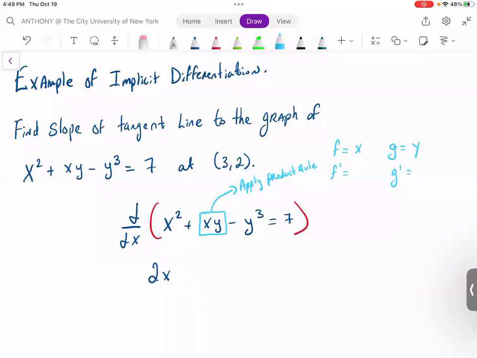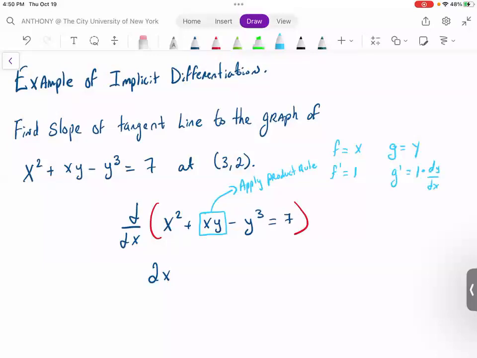So what is the derivative of x? 1. Now, under normal circumstances, what is the derivative of y? Well, it's 1 if you were to take the derivative with respect to y. But since we're taking the derivative with respect to x, we say 1 times dy/dx, or y prime. So it's 1 times dy/dx.